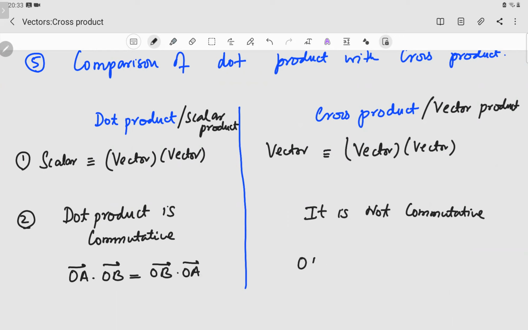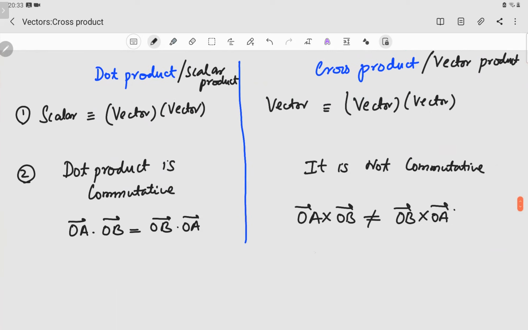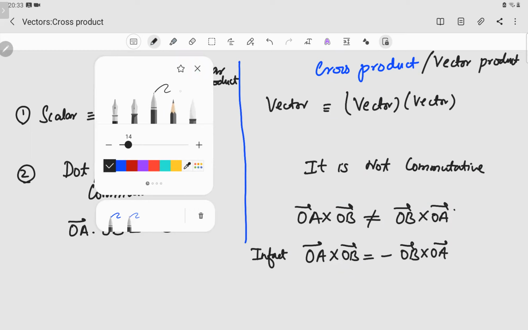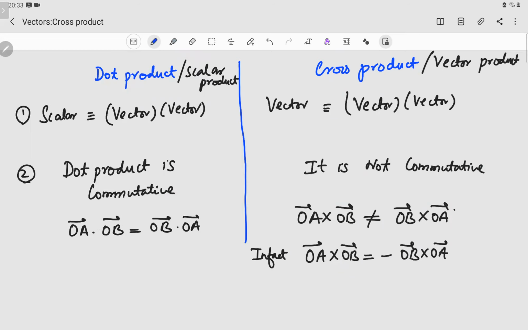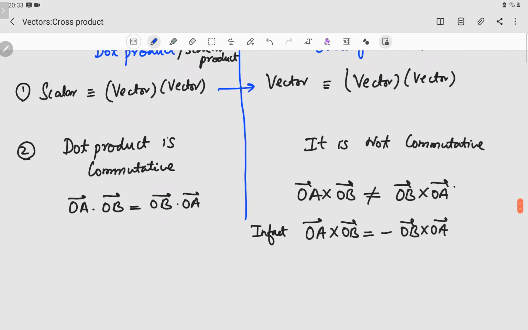But in cross product, OA cross OB is not equal to OB cross OA. In cross product, order does matter. In fact, OA cross OB is equal to minus OB cross OA. So this is a comparison of dot product and vector product.